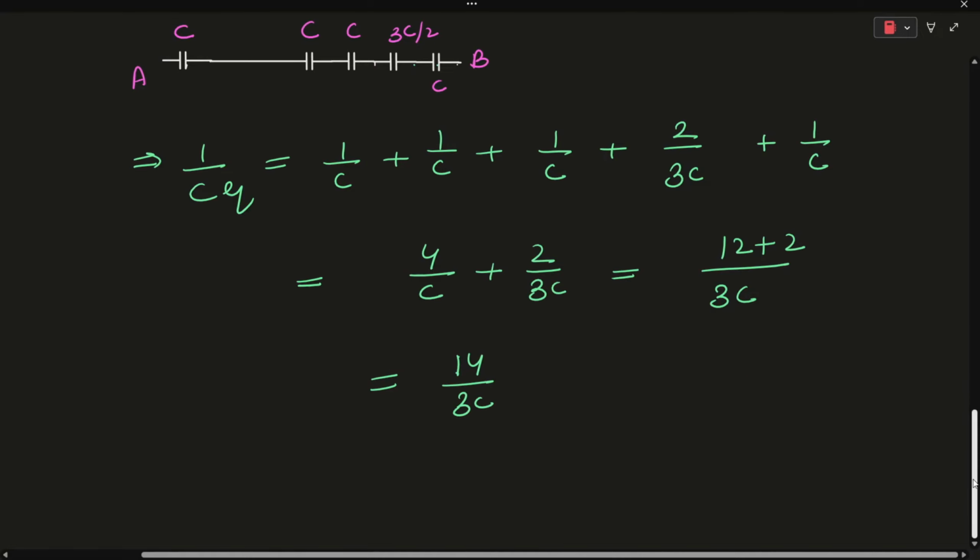So the equivalent capacitance of this electrical network will be C equivalent equal to 3C upon 14. I hope it is clear how we are approaching this problem.